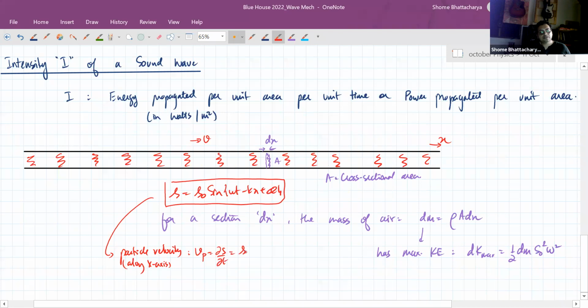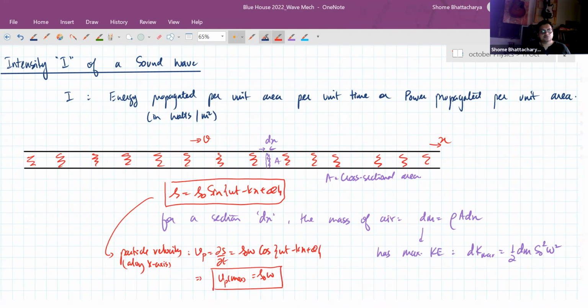That becomes s naught omega cos(omega t minus kx plus phi). So accordingly, the particle's maximum velocity is also s naught omega, because after all it's an SHM with an amplitude of s naught and an angular frequency of omega. So the maximum kinetic energy is this much.